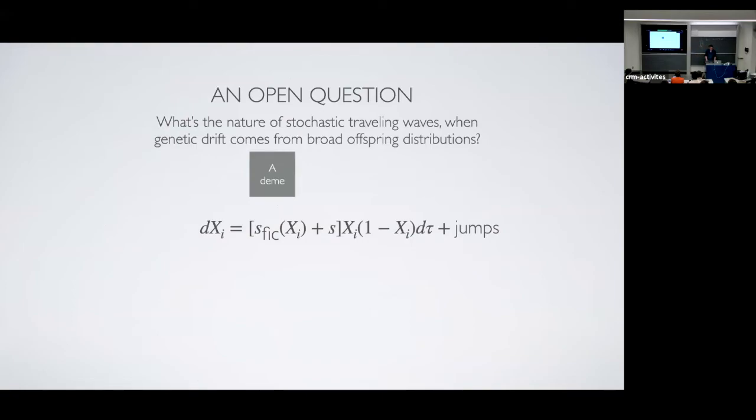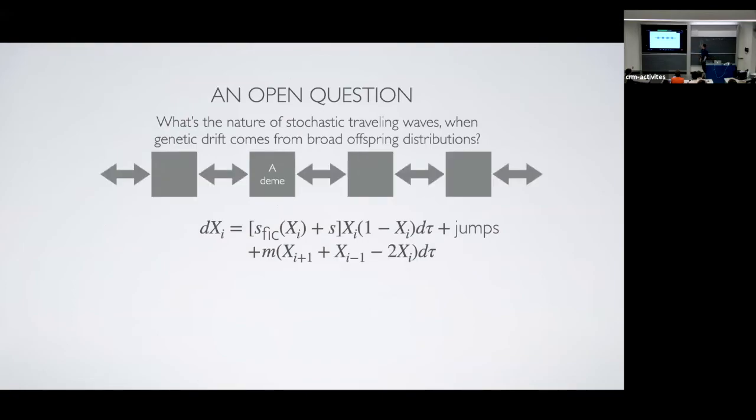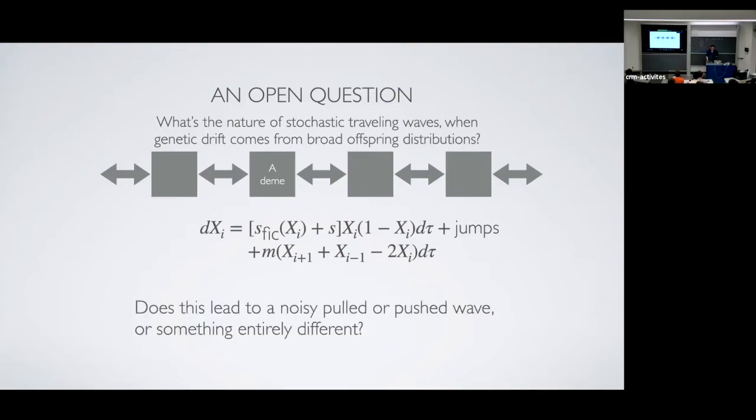Now suppose we have many demes that we are coupling with migration between them. And we have selection trying to push up the mutant. You of course expect some kind of traveling wave now occurring on this higher level, where the noise is now driven not by our standard genetic drift, but by this jump process. I'm wondering what kind of traveling wave do you get in this case?